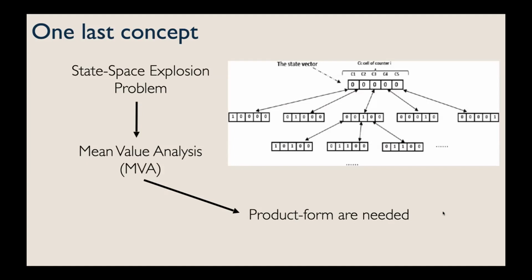It's easy to understand why, as the system increases, this space of states increases exponentially as well. This is why product forms are so important, because they enable us to find solutions even without generating the whole state space, which instead would be required in other cases.